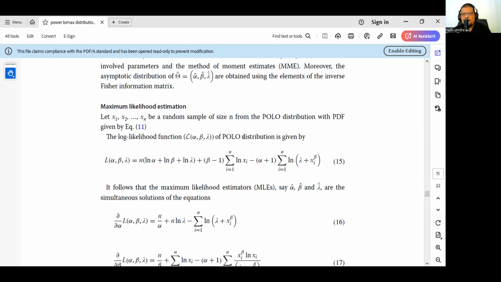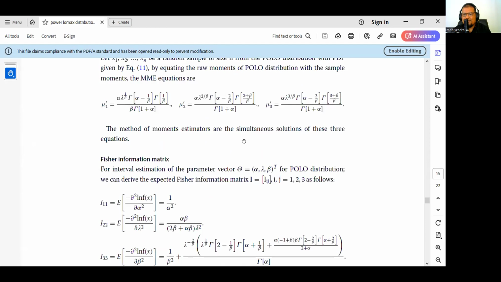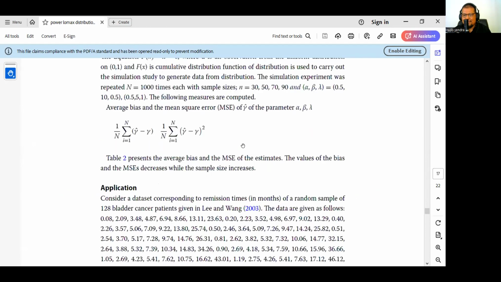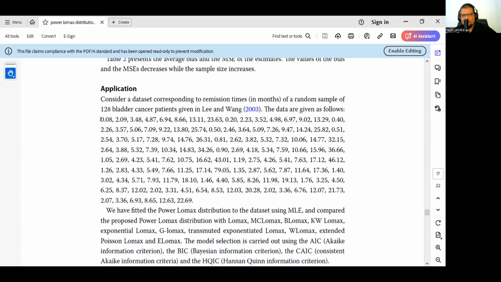And then we are lucky that this research article gives the data set. In this article, we have 120 bladder cancer patients. So it means we can use our R programming to solve this problem.